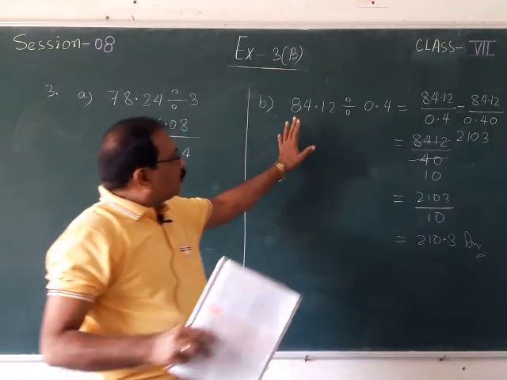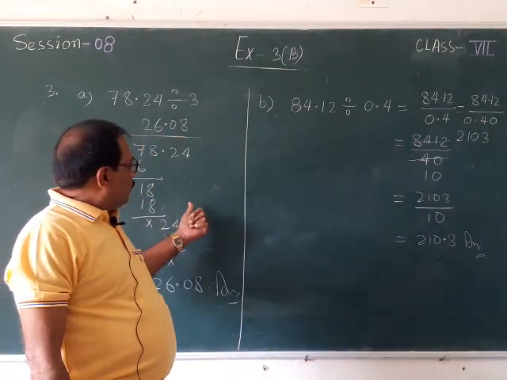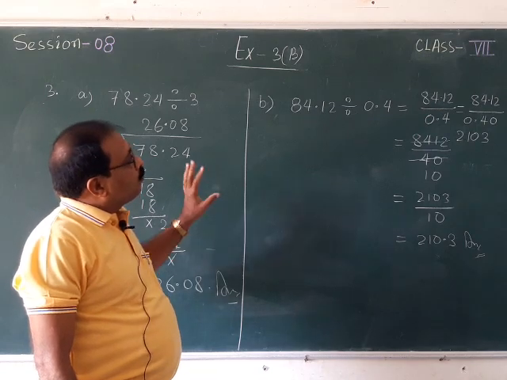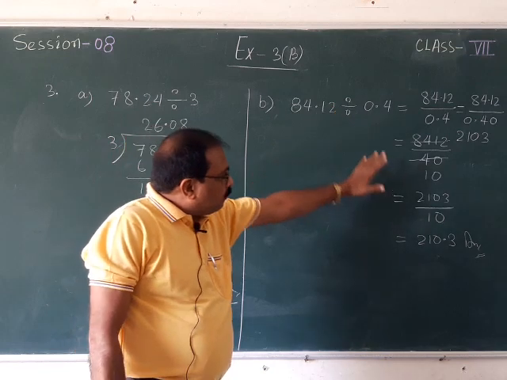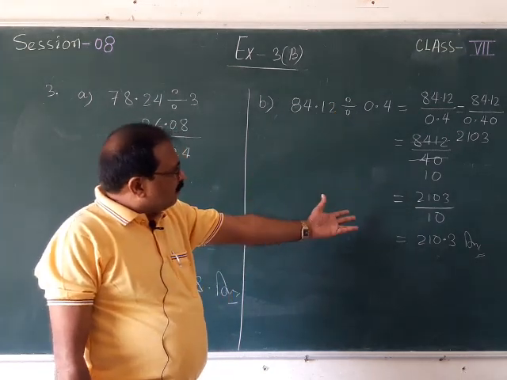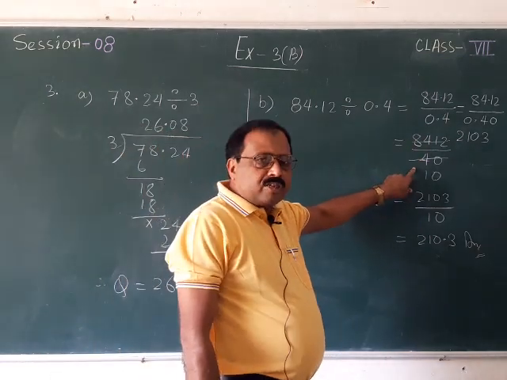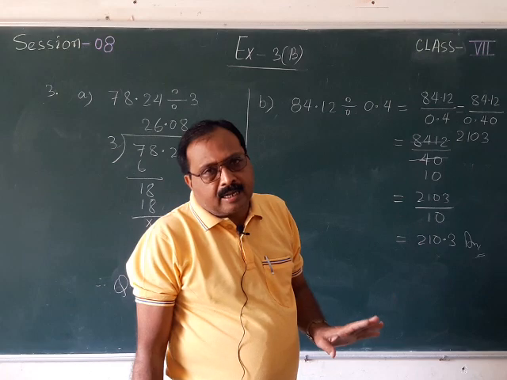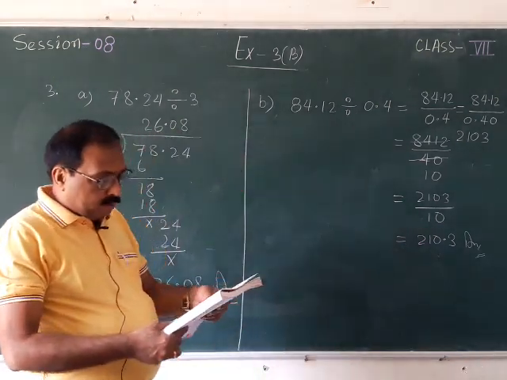So this is also a way to divide without actual division. That means we have not done the long division method, but in the fraction form itself the answer is coming. And if you wish, then you can divide 8412 by 40 also, then also you will get the answer. It is your wish. So I have shown you both ways for division.